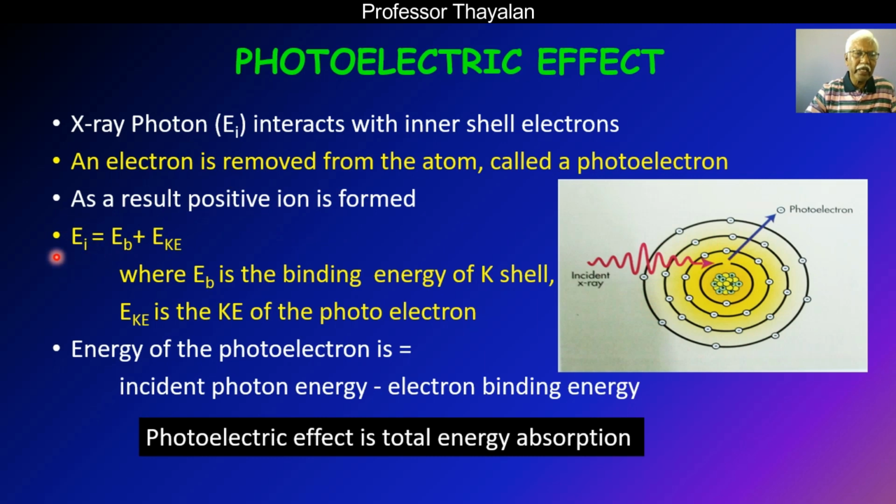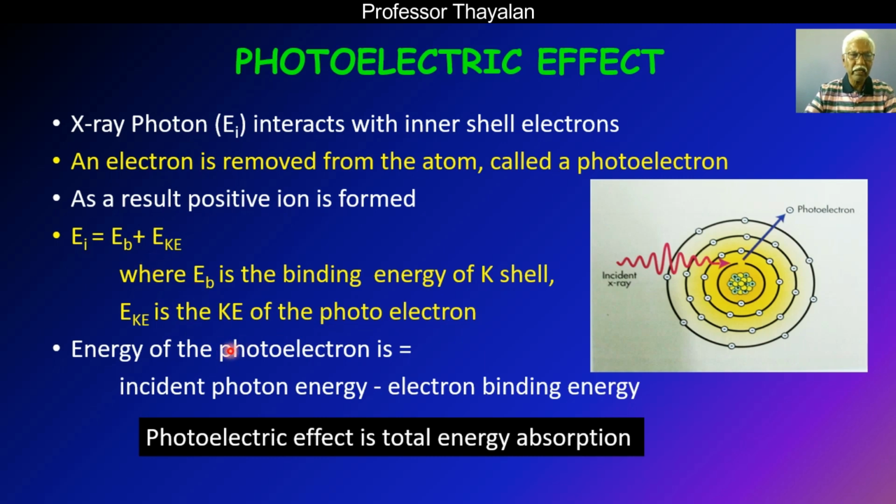If you equate, the energy of the incident photon is equal to the sum of the binding energy as well as the kinetic energy of the electron. EB is the binding energy of the K shell, EKE is the kinetic energy of the photoelectron.